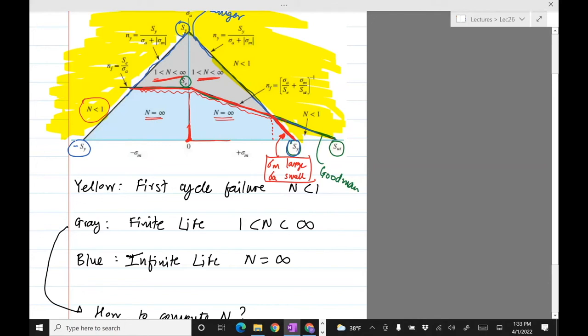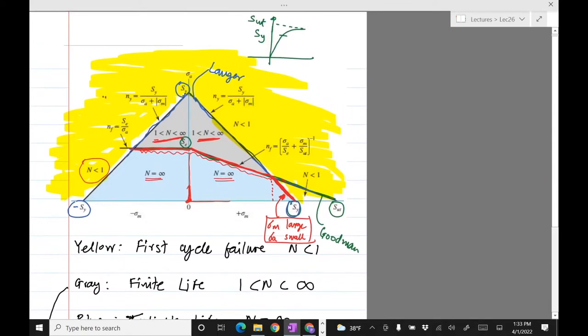You're asking yourself, will it fail before I even do the first cycle, the yellow region, will it fail in a finite number of cycles, the gray region, or will it never fail, the blue region? That's a question you always have. If your specifications say it needs to last for infinite cycles, but it is actually landing in the gray region, then you need to do something about the design, maybe redesign the machine element so that you end up in the blue region. So it's important to keep that in mind.